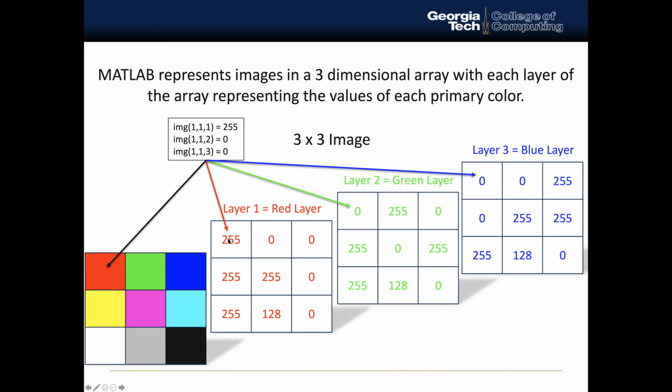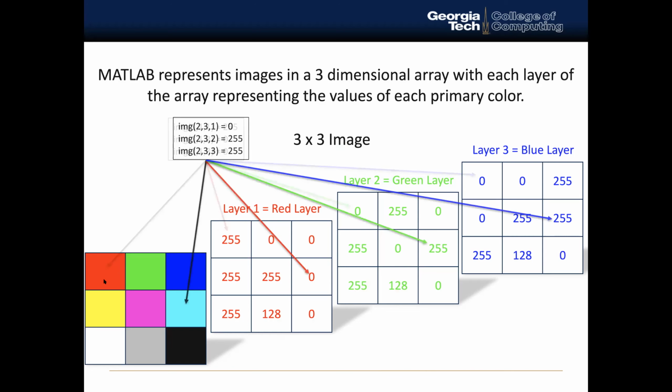For illustrative purposes, we can see in a grid how this is represented, with red being 255 for 1, 1. So let's look at another pixel. Now we're on our furthermost coordinate of 1, 1 for red. If we want to look at coordinate 2, 3 here, then we can see what values are used. For this pixel, for the red component, we have a value of 0, and that is here in our red matrix.